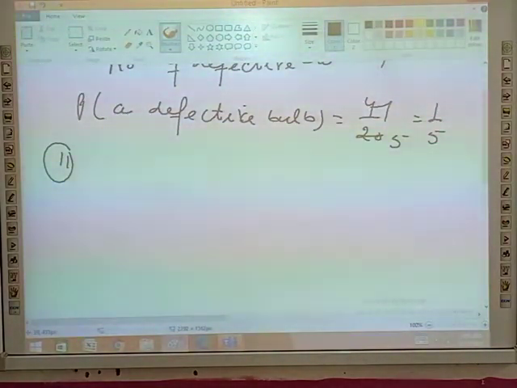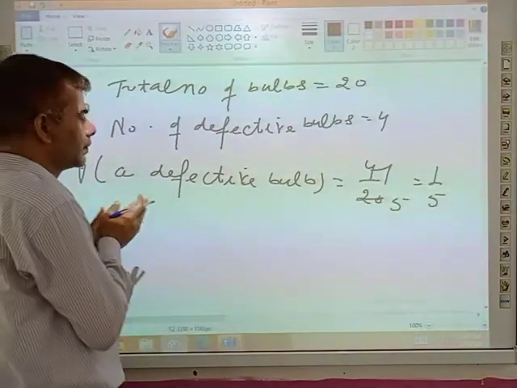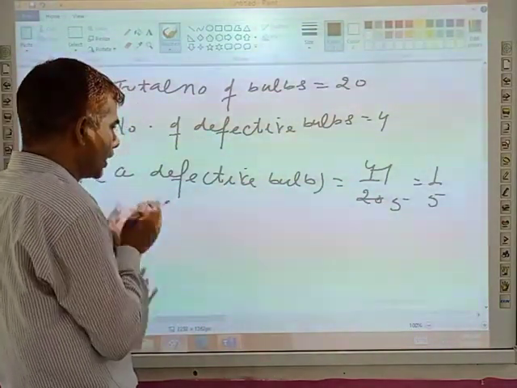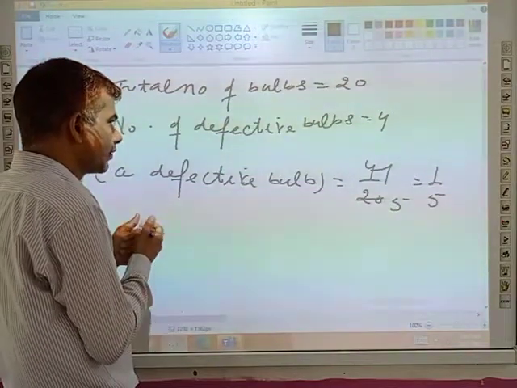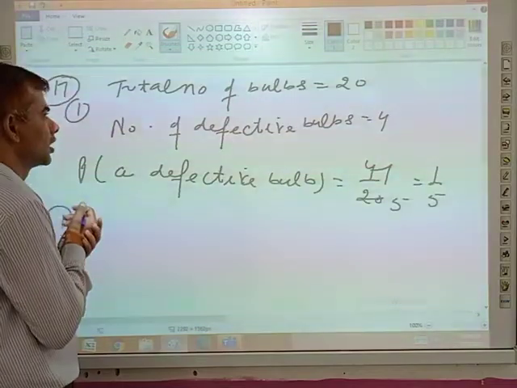We will subtract from the total 20, and it will become 19. So 15 by 19, if we have taken one defective bulb but did not replace it in the box.